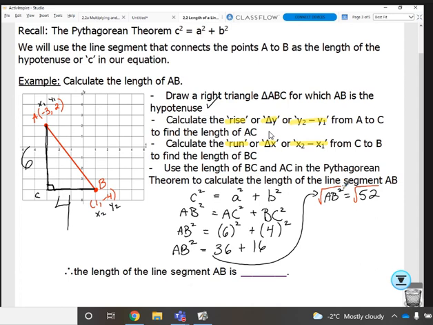The square cancels with the square root, and we get side length AB equals square root of 52, which is 7.2. We'll say units, because it's a length, even though it doesn't say meters or centimeters or feet or inches, we should say some sort of unit. So the length of the line segment AB is 7.2 units.